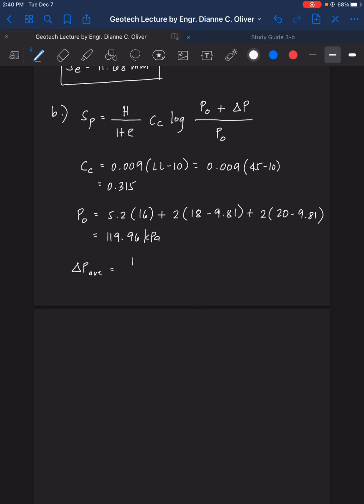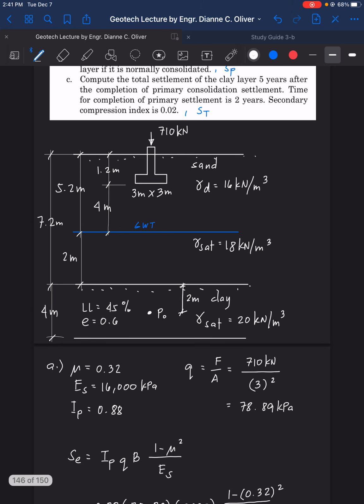So we have here delta P average, which is delta P top plus 4 times delta P middle plus delta P bottom, divided by 6. So how do we get the values of these? Remember the spreading triangle that we discussed in number 4.